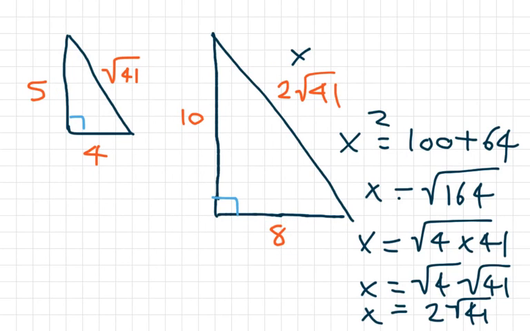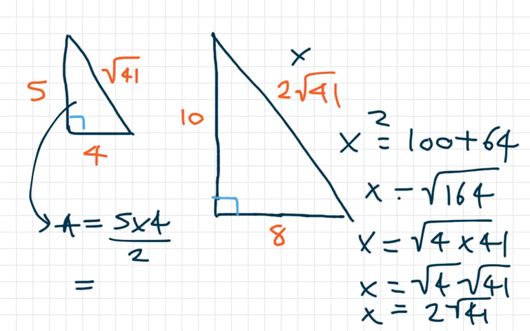Let's go back on those. The other thing to note about similarity is not just the proportional side lengths, but also the area. In this one, the area of this triangle is going to be base times height all over 2, which is, I'm sure you'll get, 10. And then what do you think the area should be for this one? Should it then be 20?